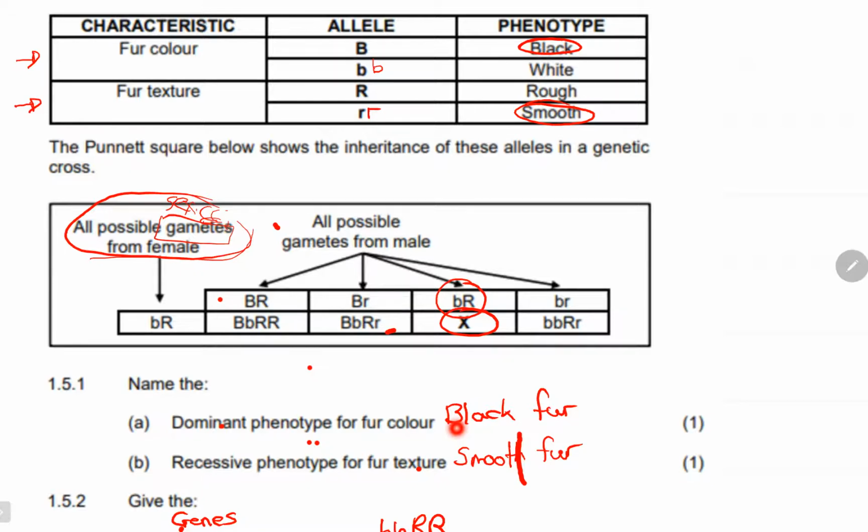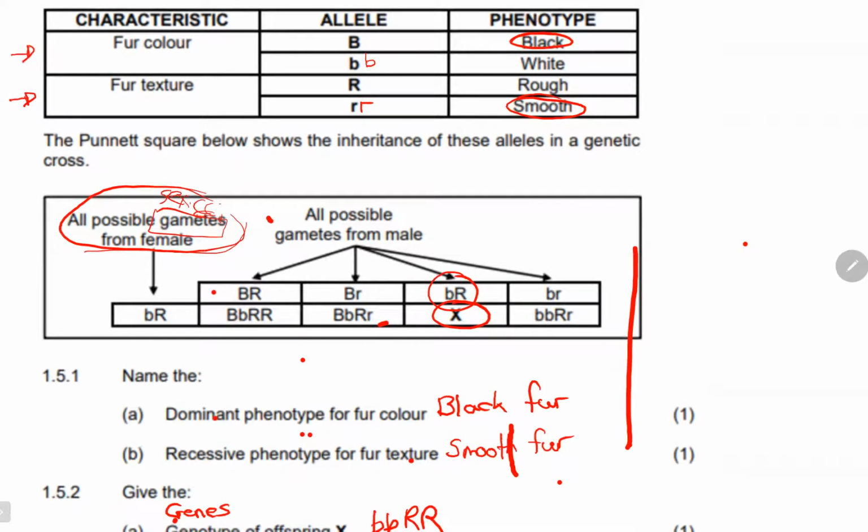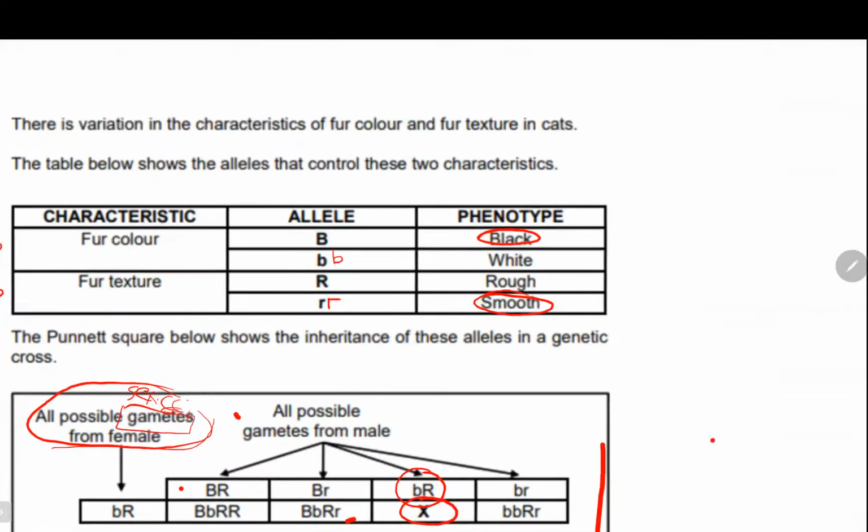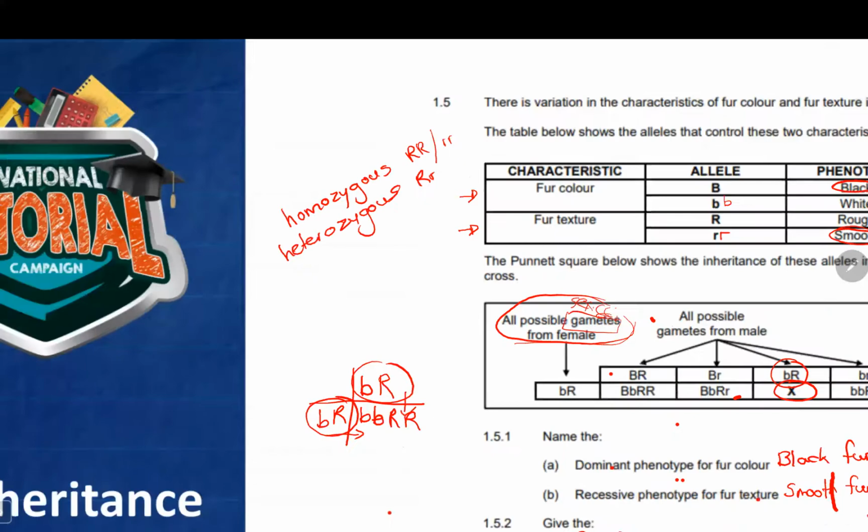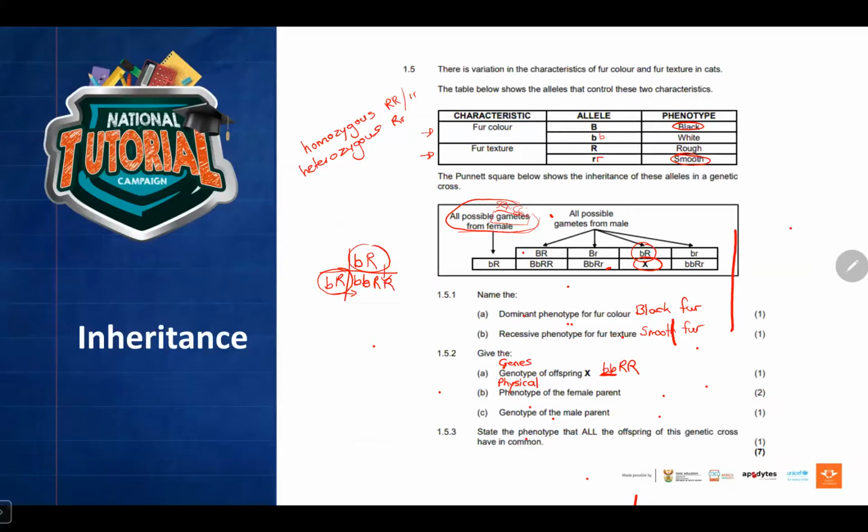But again, it's showing big R for rough. And lastly, this one has a big R and a small r. If it's got a big R, it's showing rough fur texture. So our answer at the bottom is rough fur texture. Okay, and that was this question. I hope that made sense.